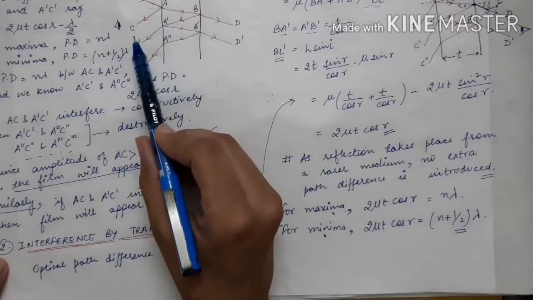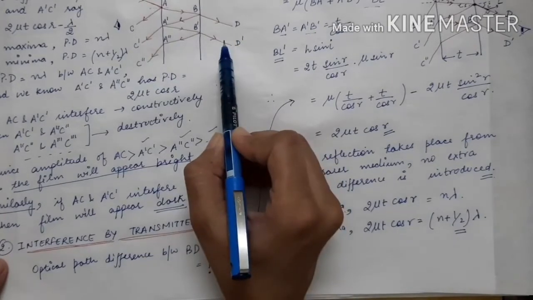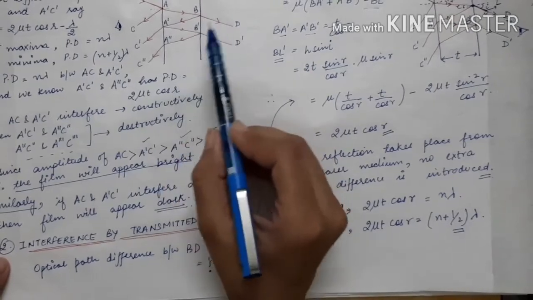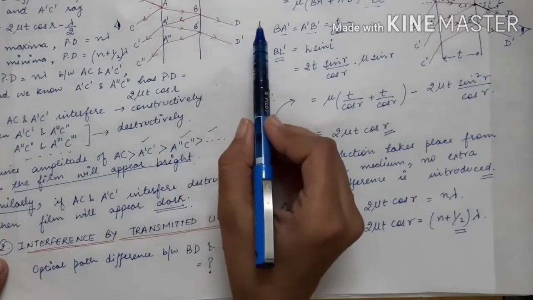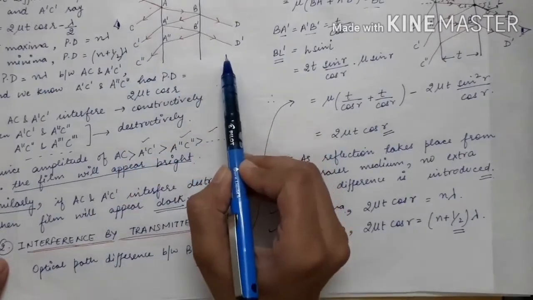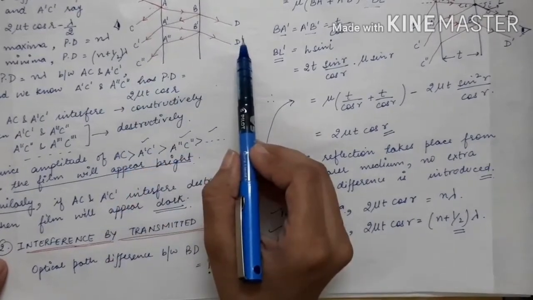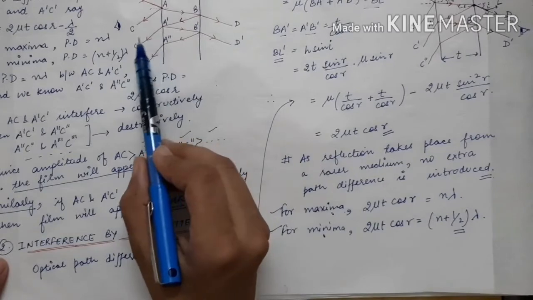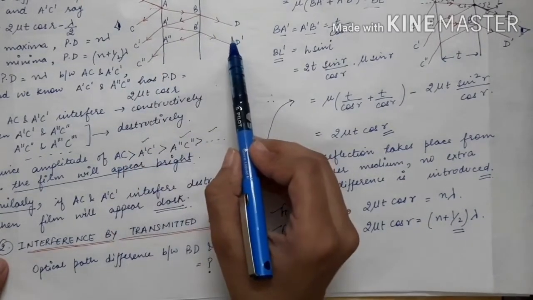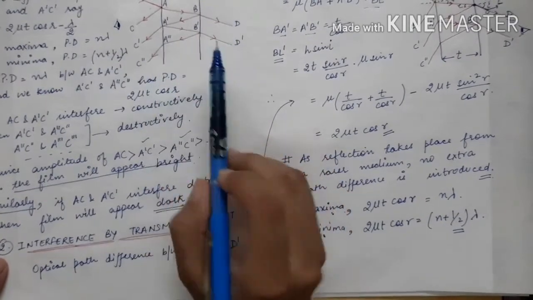Then simultaneously the transmitted light will interfere destructively, and the film from the right hand side will appear to be dark. So the interference is complementary for the reflected and the transmitted light. If the interference is constructive for reflected light, then it will be destructive for transmitted light, and vice versa.